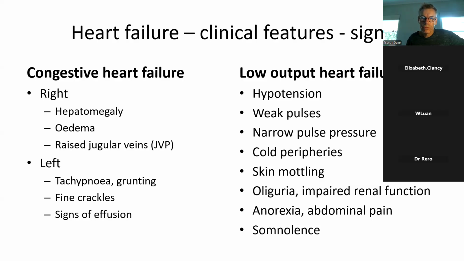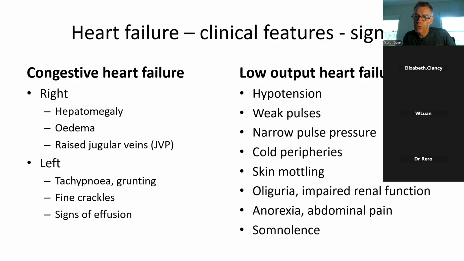And then there's the signs which we've talked about in the teaching on shock, and so there's congestive heart failure, and then there's low output heart failure. Congestive heart failure is where you've got back pressure either on the right side or the left side of the heart or both sides. And with low output heart failure, the heart's not pumping adequately, so not pumping enough blood, forward flow is inadequate, and so all the things that are required in terms of oxygen delivery to tissues will be impaired.